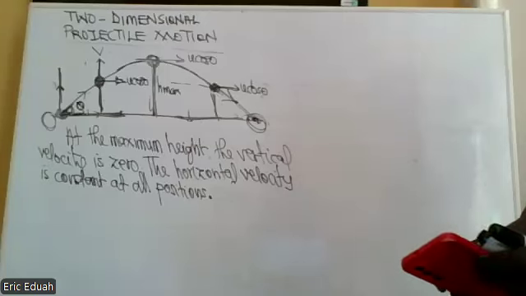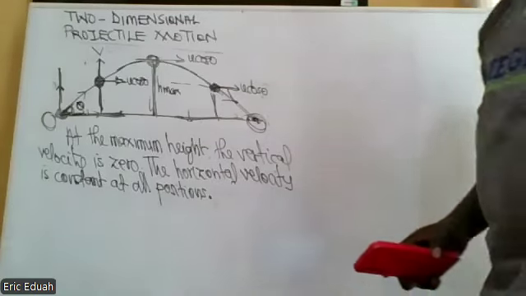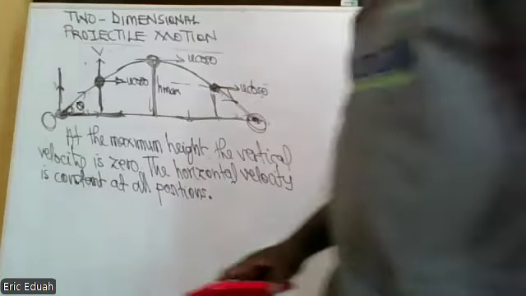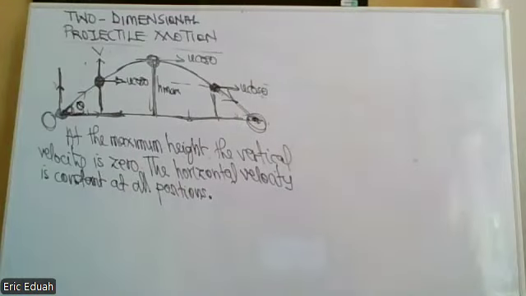Maria, are you there? Maria. Yes, sir. And you are quiet. Jedida. He's also not here. What is the velocity of the projectile at the maximum height? Yes. Maria, what's your answer? Francis, what's your answer?